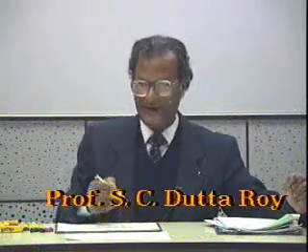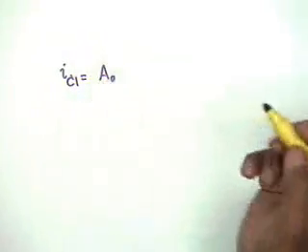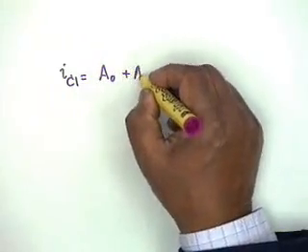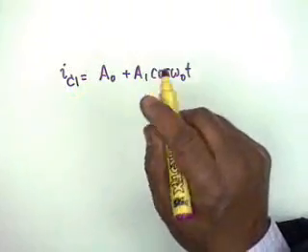Now if you expand IC1, this half rectified sine wave or cosine wave, in Fourier series, then because of the symmetry in the waveform you get only cosine terms. There is a DC and only cosine terms, no sine terms, and therefore I can write IC1, this half rectified sine wave, as some DC A0 plus A1 cosine of omega 0 t, let us say, this is the signal that I have applied, plus its harmonics due to distortion.